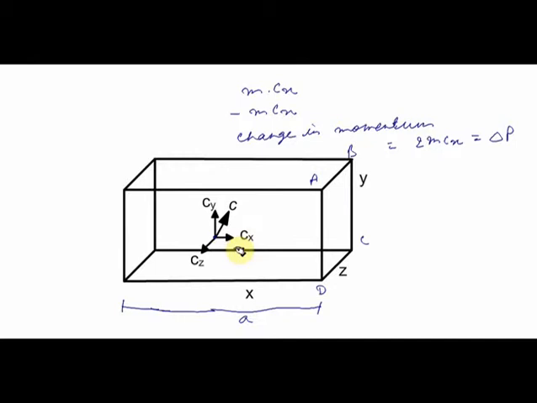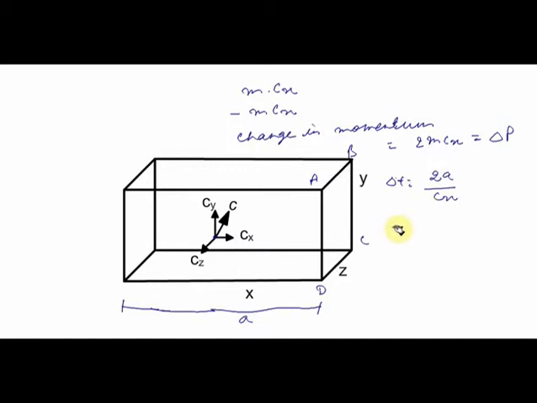Now the velocity of the gas molecule along the x direction is Cx. So after the first collision, this molecule will travel the distance of 2a before colliding with the same wall again. So the time taken by the gas molecule to travel the distance 2a would be delta t is equal to 2a by Cx. After this time interval, the gas molecule will again collide with the wall ABCD.